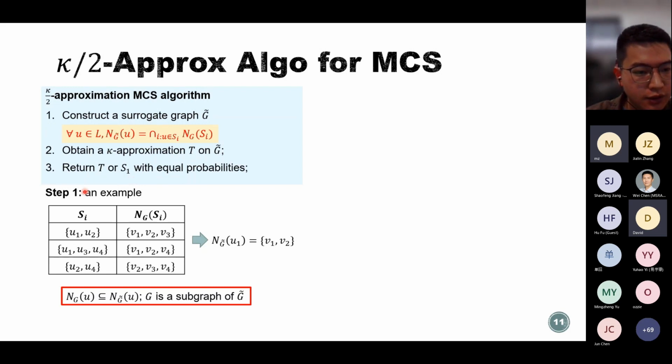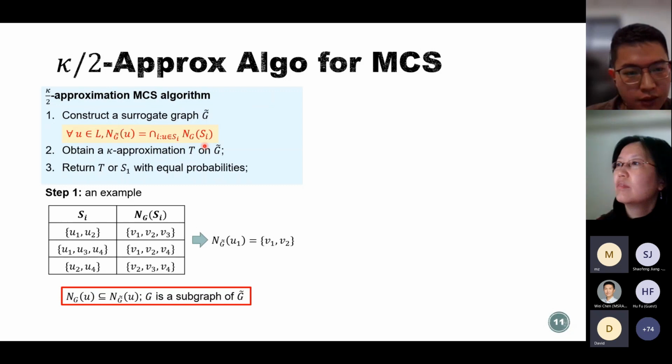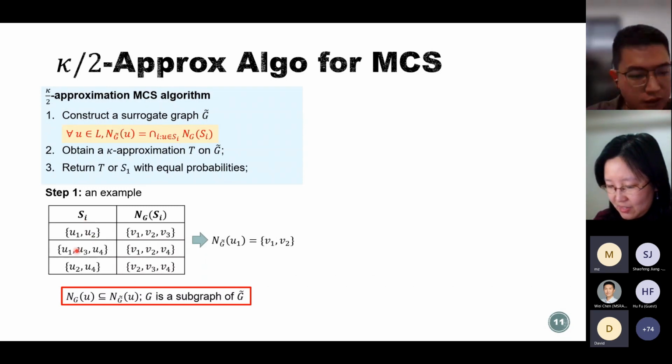First, let us consider the first step. We see an example about it. To construct the estimate of the neighborhood of U, we collect all Si such that U belongs to Si, consider the neighborhoods of these Si, and take an intersection of them. We use the result as an estimate of the neighborhood of U. In this example, there are 3 Si, and only the first 2 contain U1.